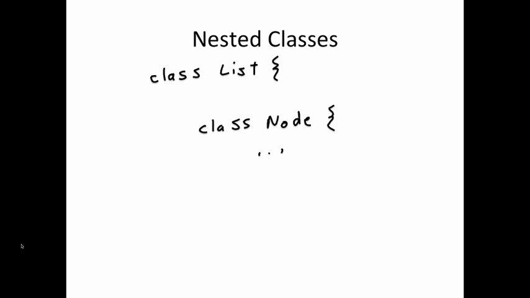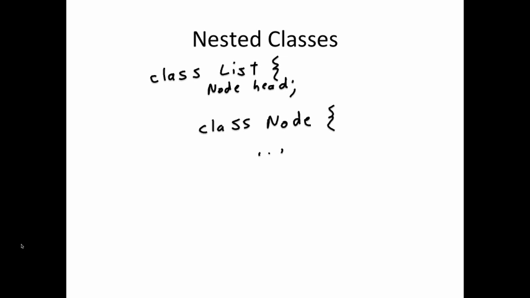If you do it, then any instance of a node can see any instance of the outer class. So if here in list I have something called head, that means that any instance of node will be able to see head. An important thing to note about nested classes is they're only meant typically to be used within the class itself.